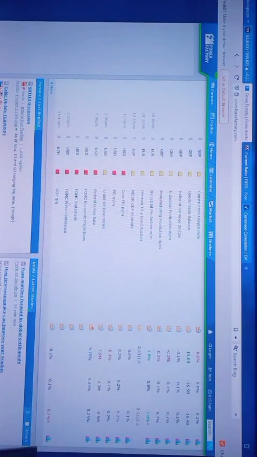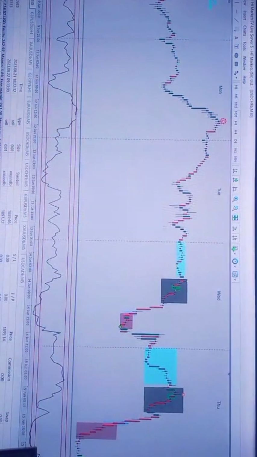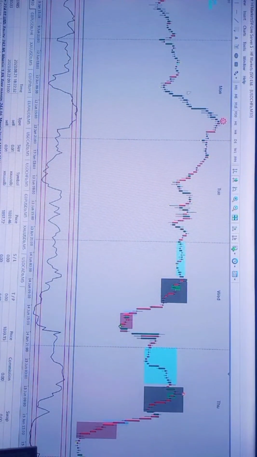This is June 14. Now let's check June 14 on our MT4. Let's go straight to where the news broke out. This is the news. Everybody look at the news here. FOMC came out. It gave us an upper shadow.